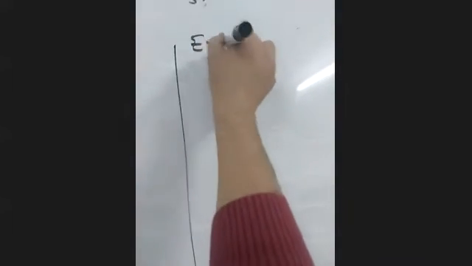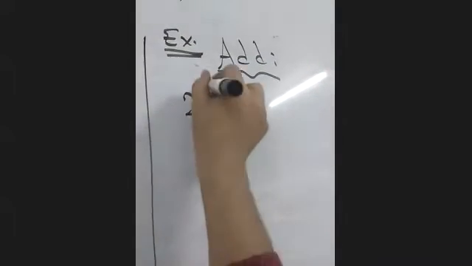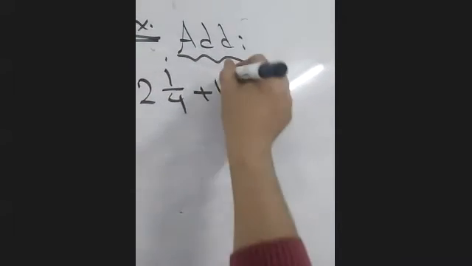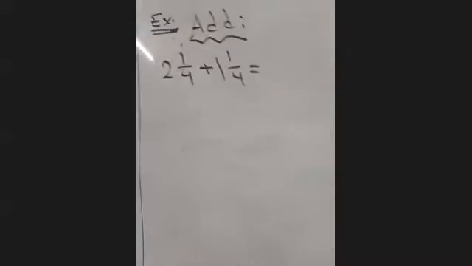Now to understand these three steps, let's take an example together. Example, add the following two mixed numbers. For example, if we have 2 and 1 over 4 plus 1 and 1 over 4. Look here, guys, and focus, please. Now, the first step, we said we add the whole parts. What are the whole parts?